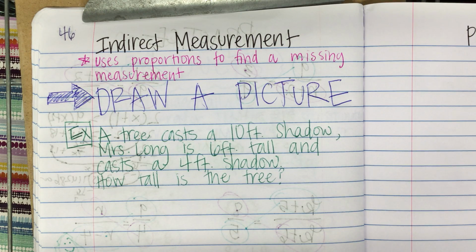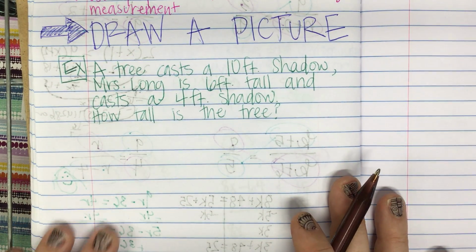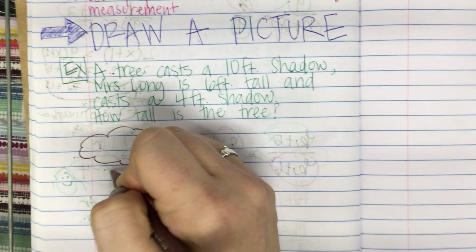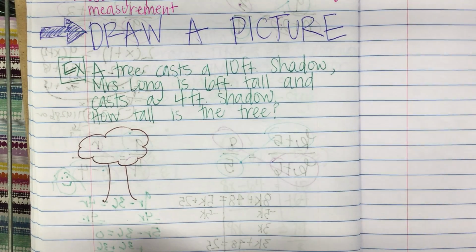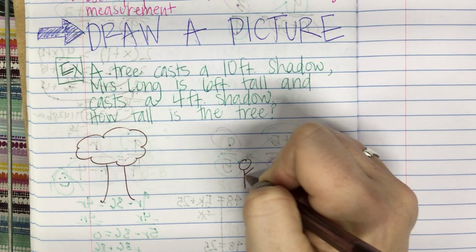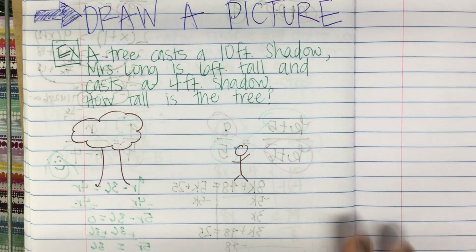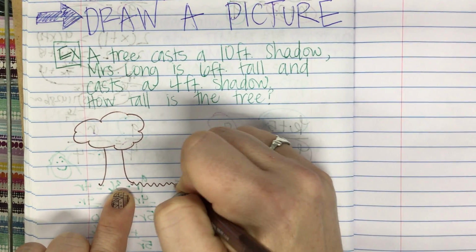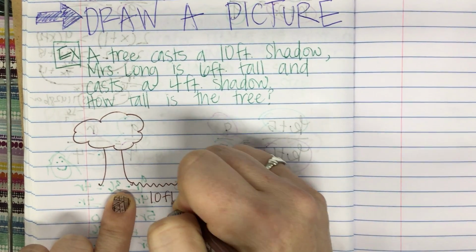The key is draw a picture. It does not have to be beautiful. Here's my tree. And here's my Mrs. Long. So I know that my tree casts a 10-foot shadow.